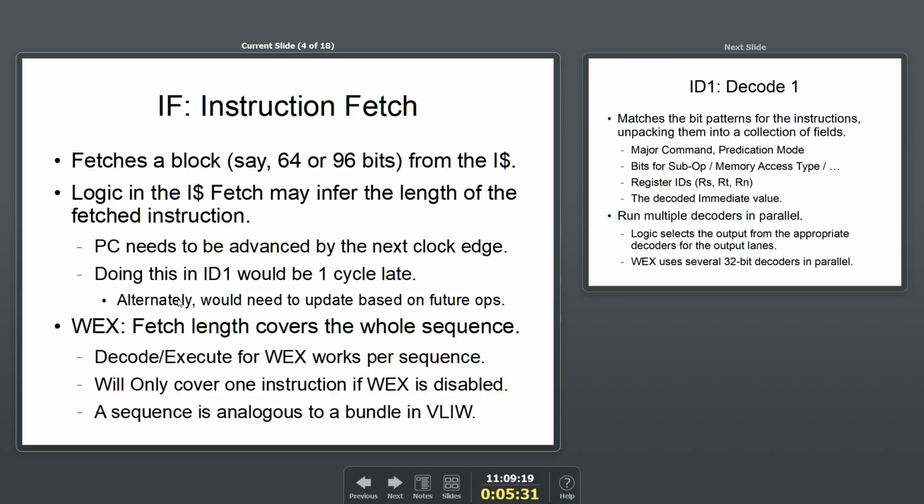In that case, you would need to effectively deal with advancing the PC roughly 2 clock cycles in the future, which is kind of annoying because then you need to fetch more in order to figure out how far to update PC. For WEX that would be a bit more problematic, as then instead of 96 bits you'd have to fetch closer to around 300 or so, which would be not ideal.